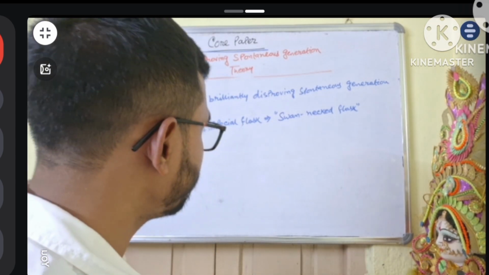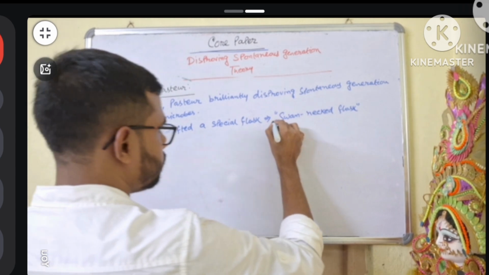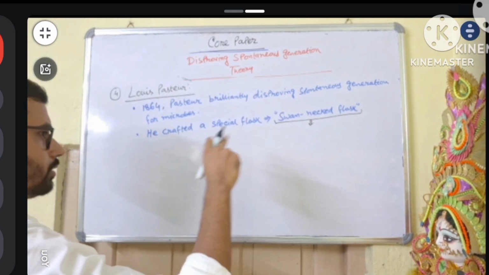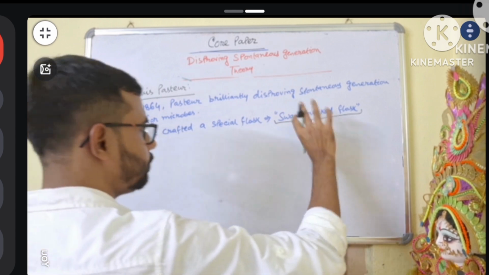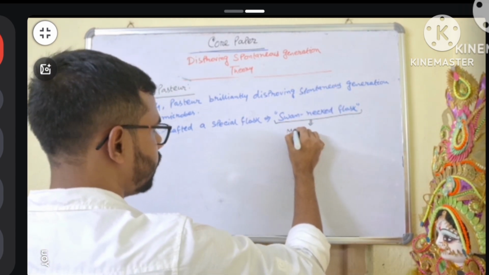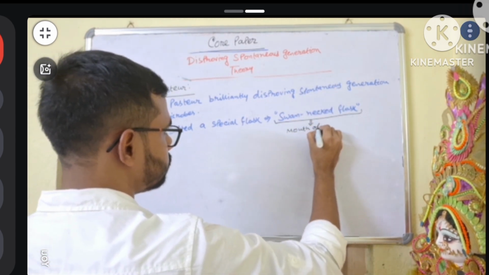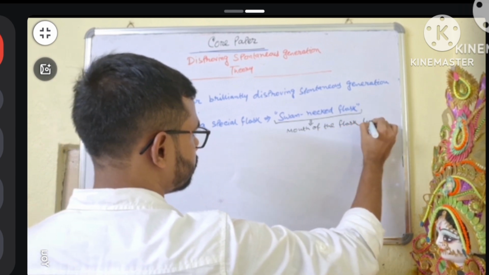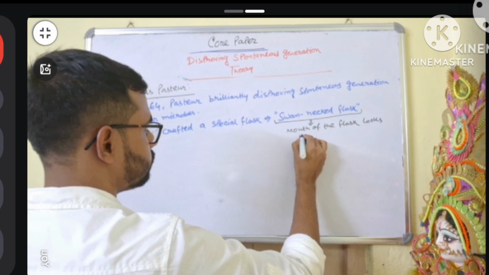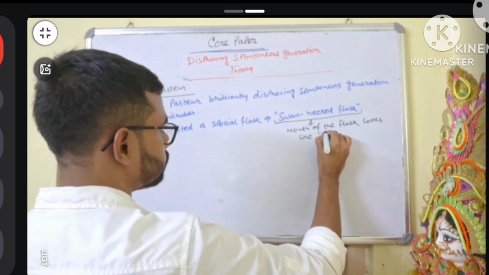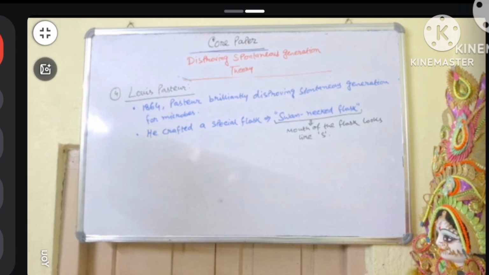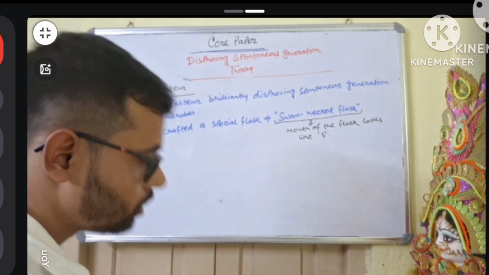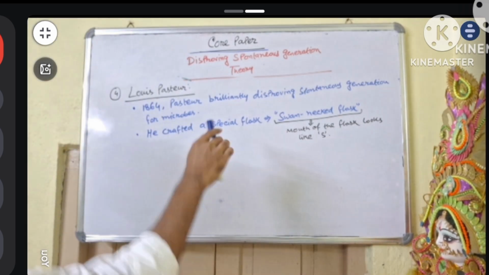What is unique about the Swan neck flask? This flask has an S-shaped structure, a capital letter S, at its mouth. So he did the experiment with that flask.